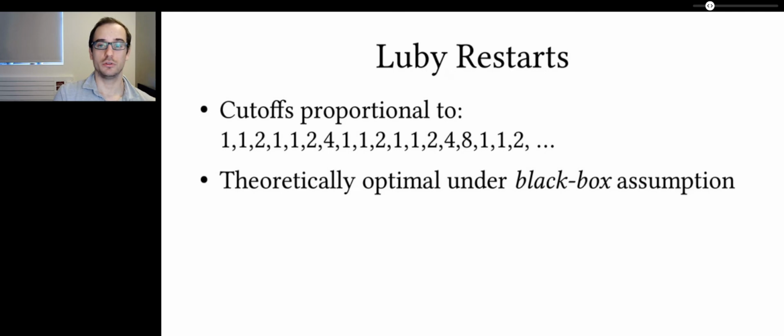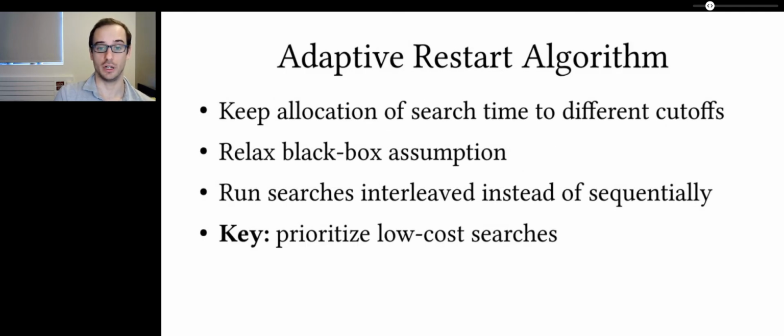So we're going to use the Luby restarts as inspiration for our adaptive restart algorithm. In particular, we're going to keep the same allocation of search times to the different power of 2 cutoffs. But we're going to relax this black box assumption. And we're also going to run the searches in an interleaved manner rather than running them one after another.